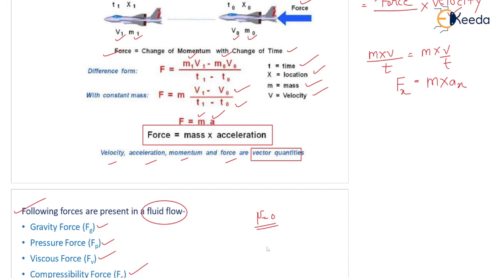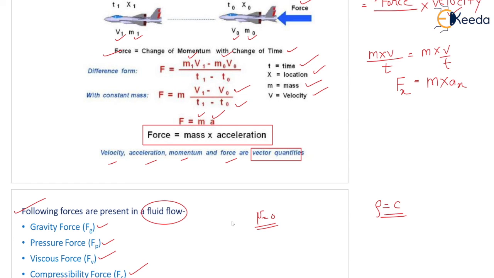Depending upon the condition, some of the forces may be present, may not be present. You can take another example. If the fluid is incompressible, incompressible means rho equals constant, density equals constant, like liquid, then the compressivity force will be absent.